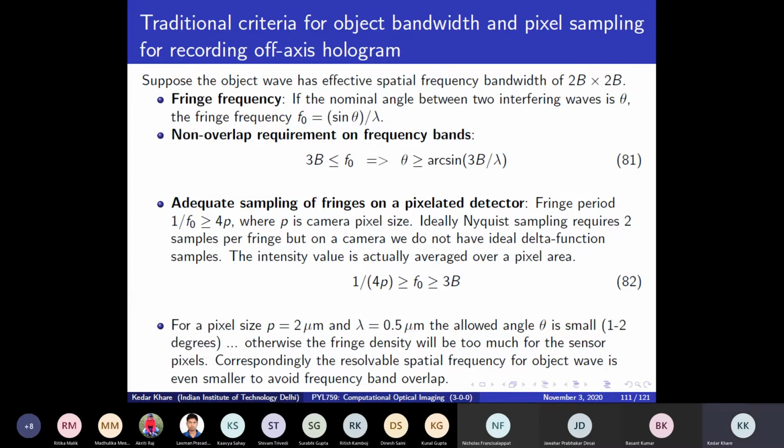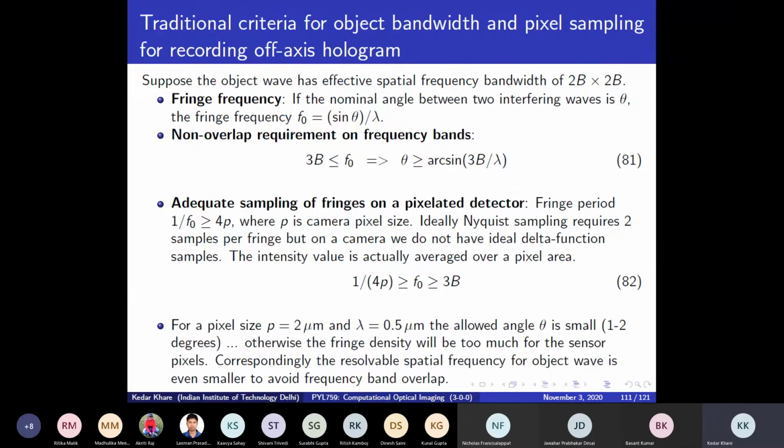So can you quickly estimate what this angle theta is, if P is given? From the Fourier space picture, we have a limit that the angle has to be larger than a certain value, the arc sine of 3b lambda.